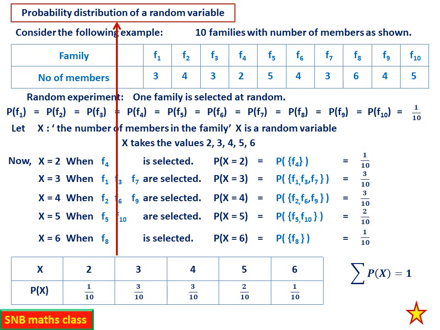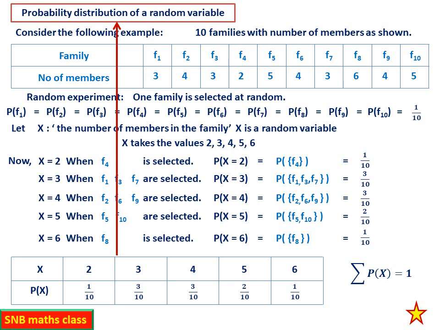Similarly, probability x equal to 4, either F2 or F6 or F9, union. So it is 3 by 10. Probability x equal to 5, either F5 or F10. So it is 2 by 10. And probability x equal to 6 is only one family, that is F8. So it is 1 by 10. So this is the probability of the random variable x, when x equal to 2, 3, 4, 5 and 6.